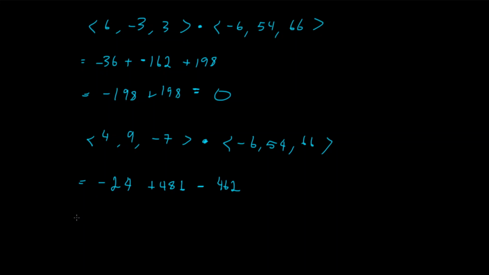If I sum these things, you can already see it's going to work out. We have negative 24 and negative 462, which is negative 486. We have 486 minus 486, which is 0. All right, sweet. The dot product of the final answer with each of the original two vectors is 0 for both, so it is perpendicular to both.